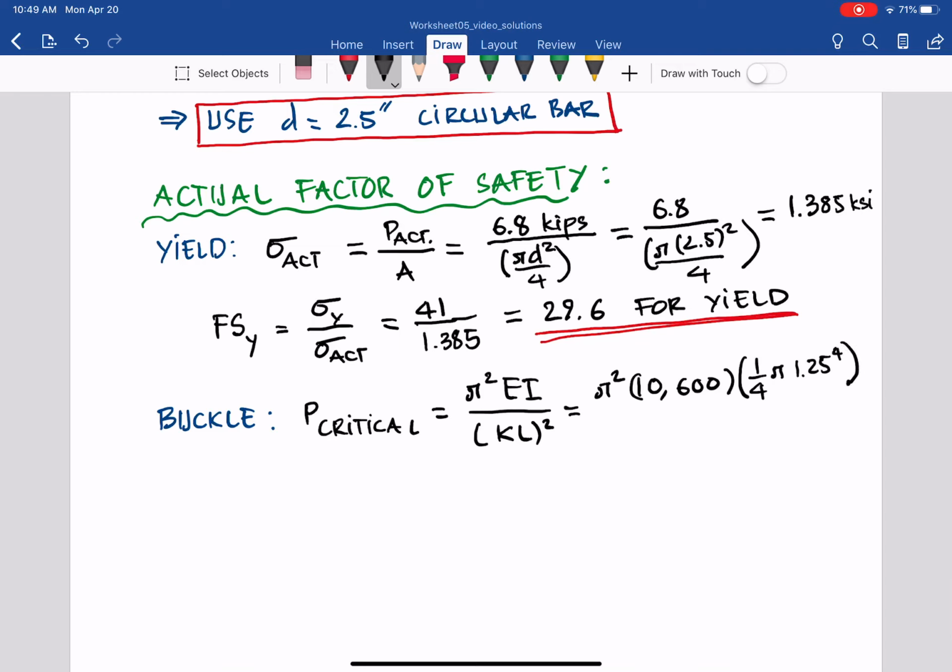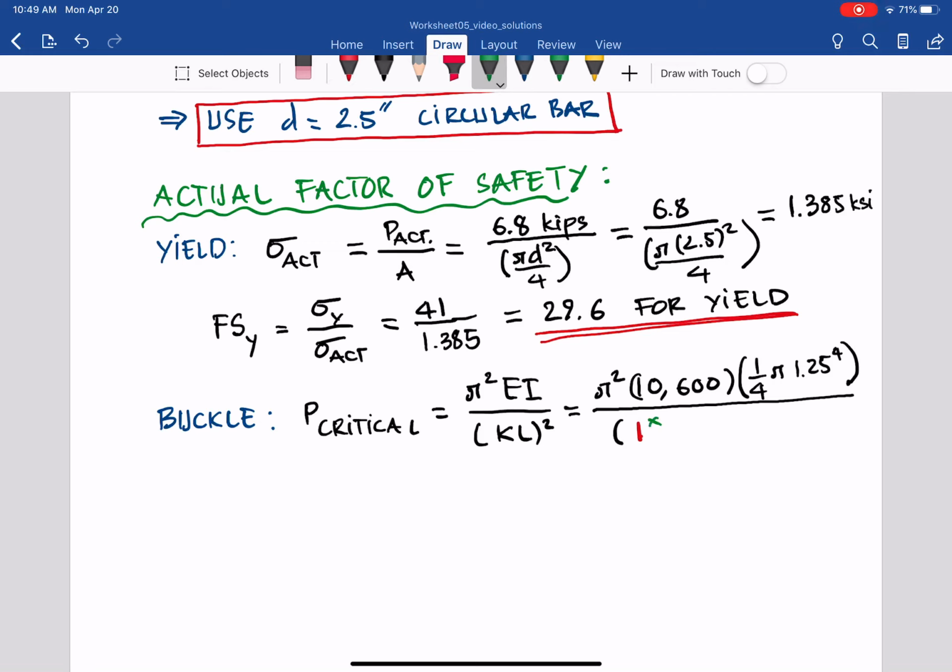For those of you who don't know, for the area moment of inertia of a circular cross-section, go to the inside back cover of your textbook, or go to Canvas. We have that appendix for you. So plug in here: K is 1 for the pins again.